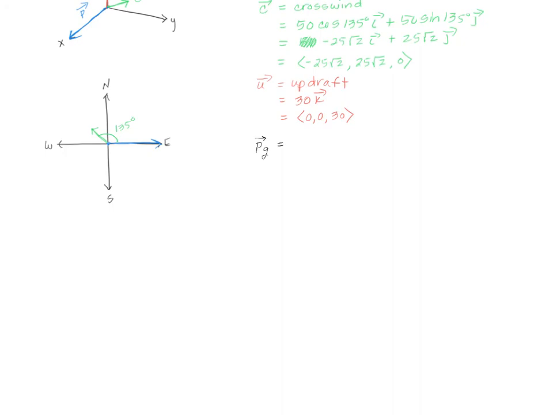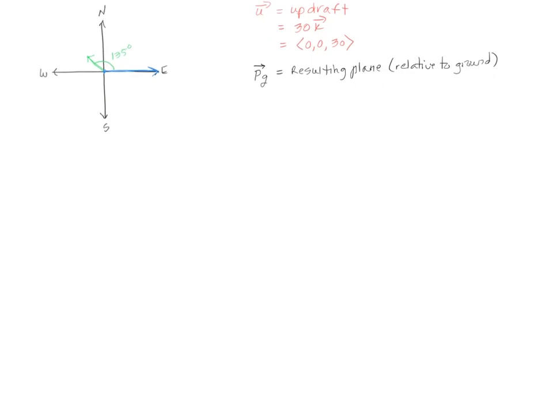Okay, so this would be the resulting plane, or relative to the ground. And since we're looking at the plane with all these currents affecting it, it's going to be the plane without the wind plus the crosswind plus the updraft.